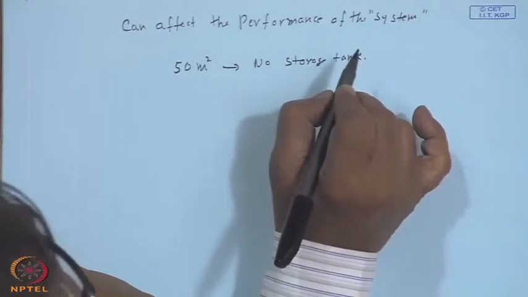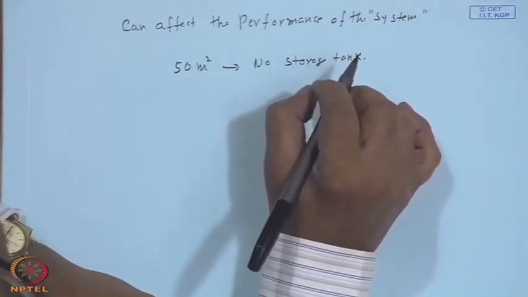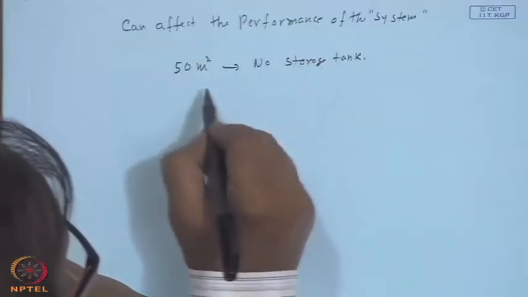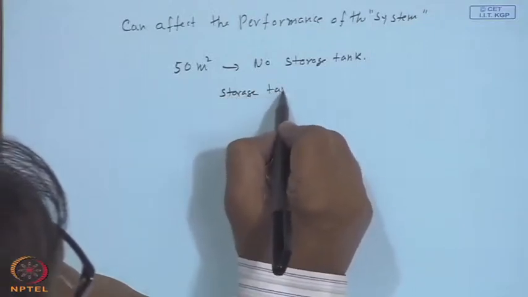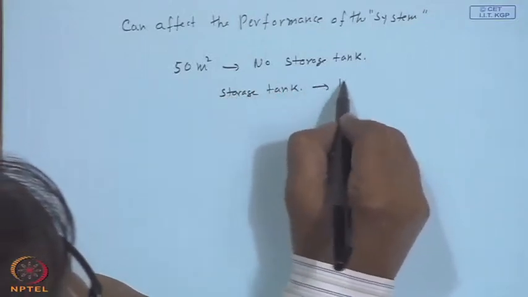So, unless the demand matches exactly with the solar radiation variation over the day, you will not have any water available to you, let us say if you take a bath early in the morning. But you provide a storage tank of approximately, let us say, 1 day capacity.